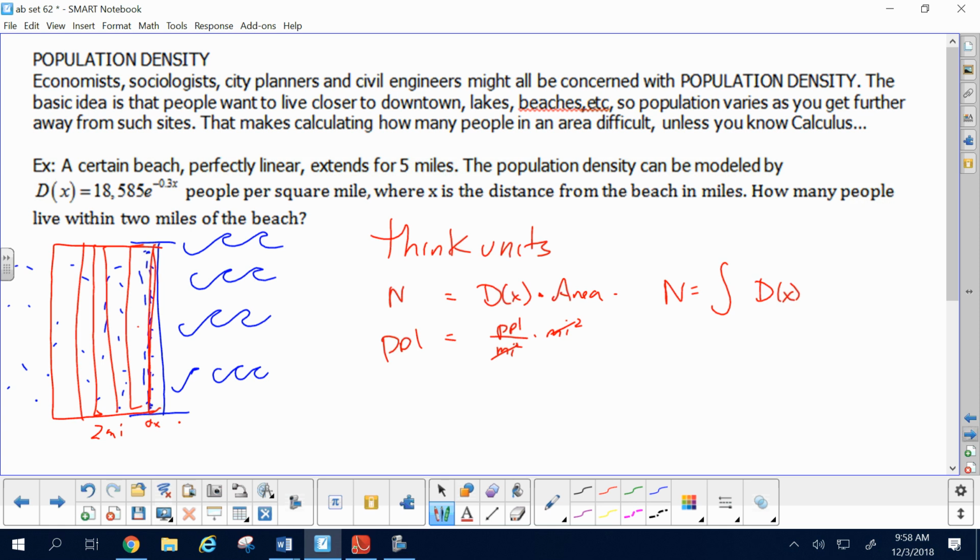It's always 5. So we would take that and multiply by 5, and we want to do all those calculations from where to where? 0 to 2. We want to know how many people live within 2 miles of the beach. That means x goes from 0 to 2. X represents the distance to the beach. If you threw that in your calculator, these will be calculated from 0 to 2 of that guy.